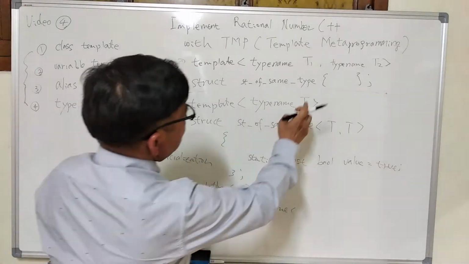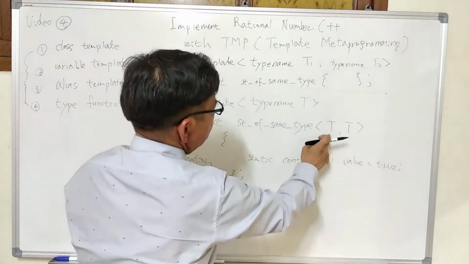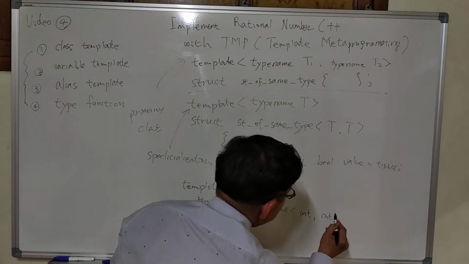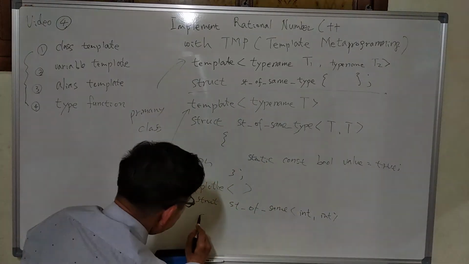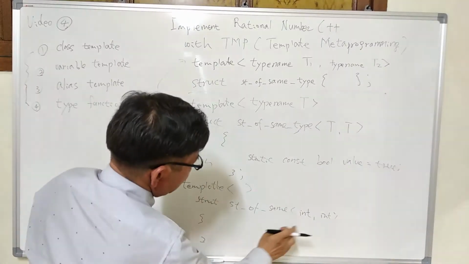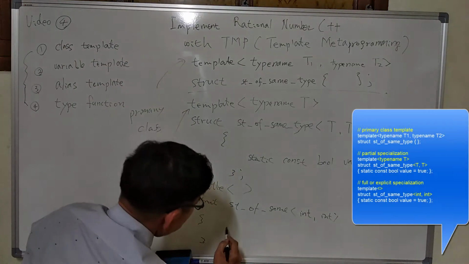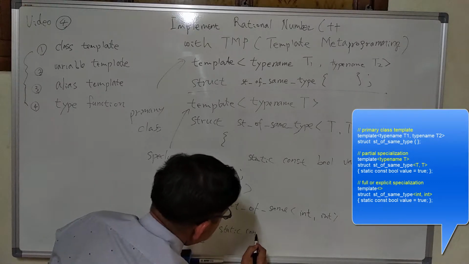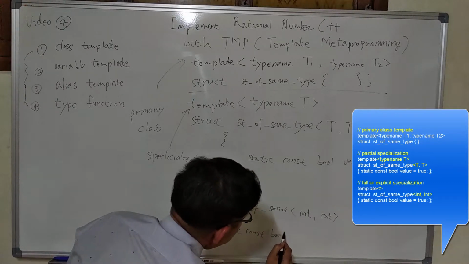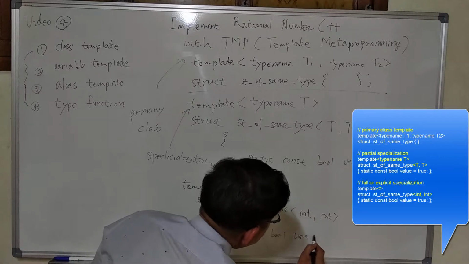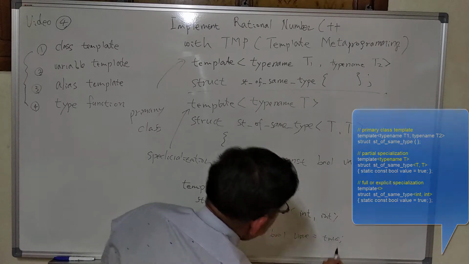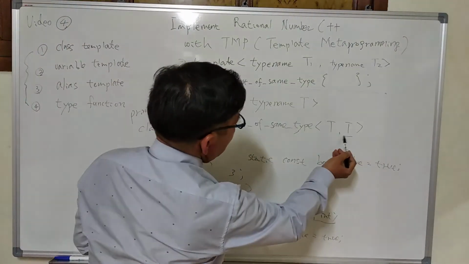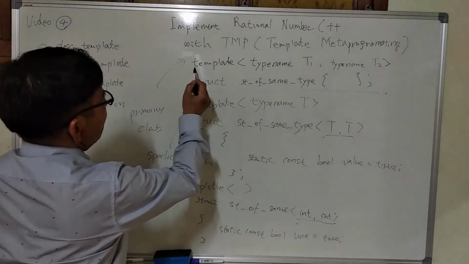Then we need to provide two arguments here, int, for example. Then this should be the same type, so we can say static constant bool value true. If we define this, this is specialization, this is primary template.